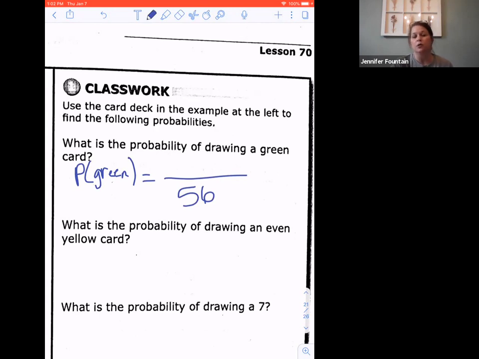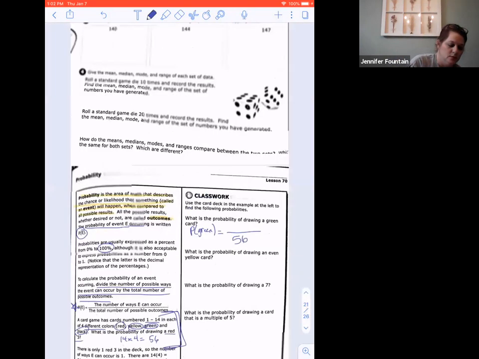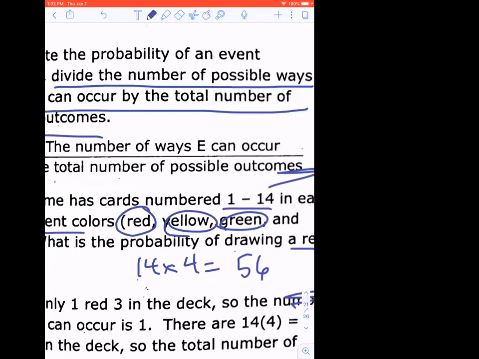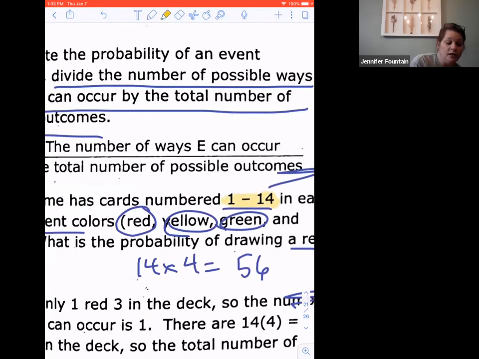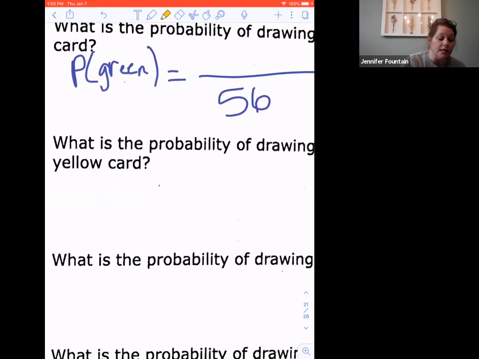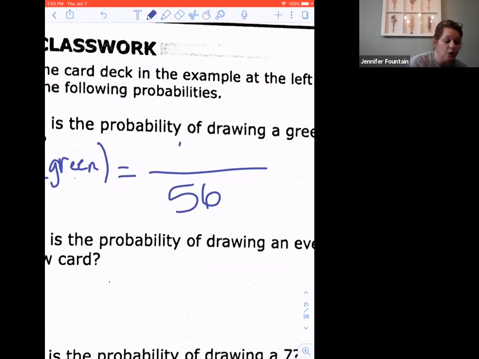What are all of my cards numbered? From what number to what number? 1 through 14. They are numbered 1 through 14. So I know that there are 14 cards per color. So that means when I'm talking about green, I've got 14 cards that are green.